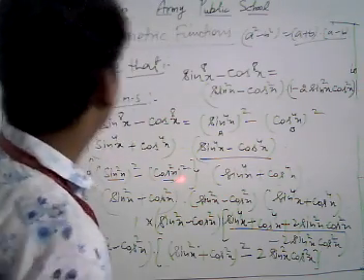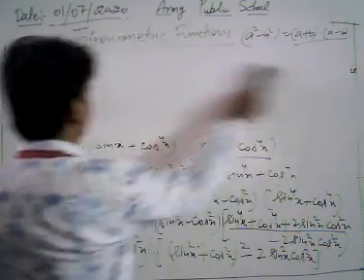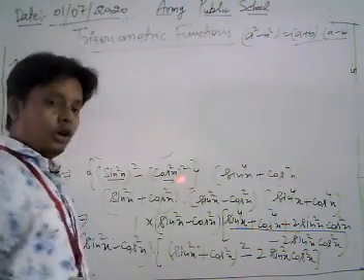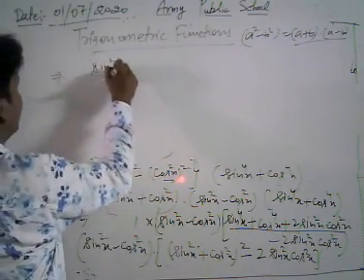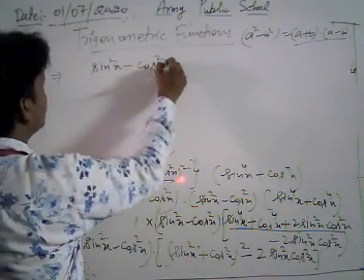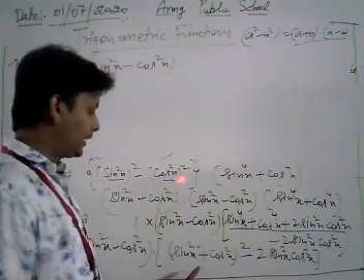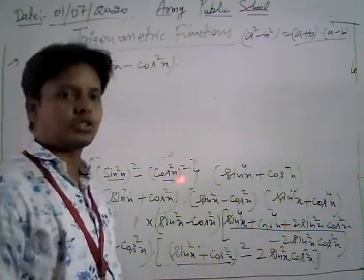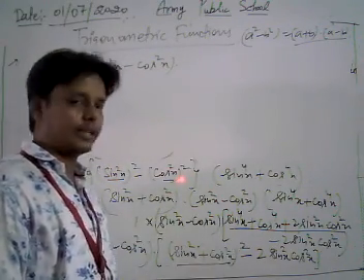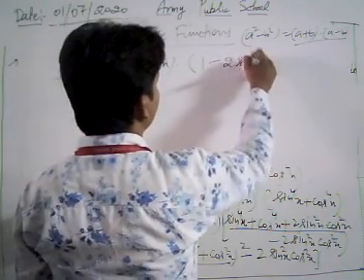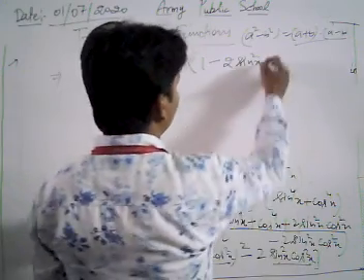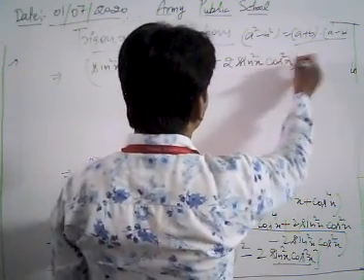Now we get what? Let's see, in another bracket the value of sin²x + cos²x is 1, so 1 squared is 1, so we get 1 minus 2 sin²x cos²x.